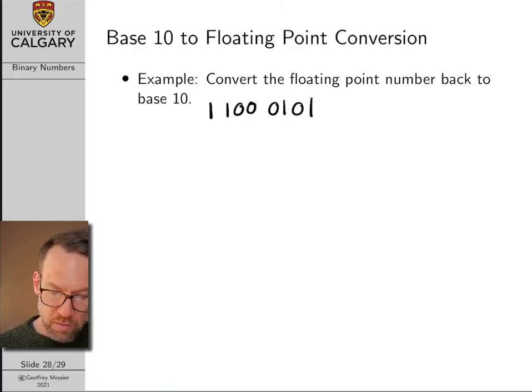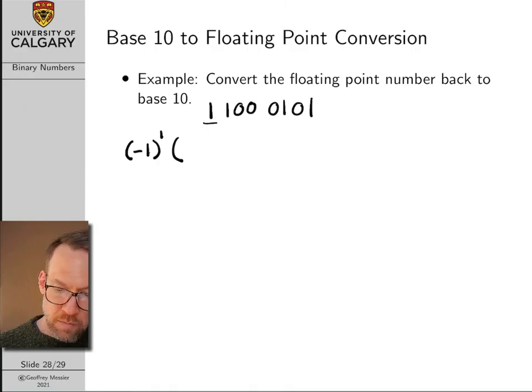And so if we start writing this out as a base 10 number, we have -1 raised to the power of 1, right? Because our sign bit is equal to 1. We now then create our mantissa term.